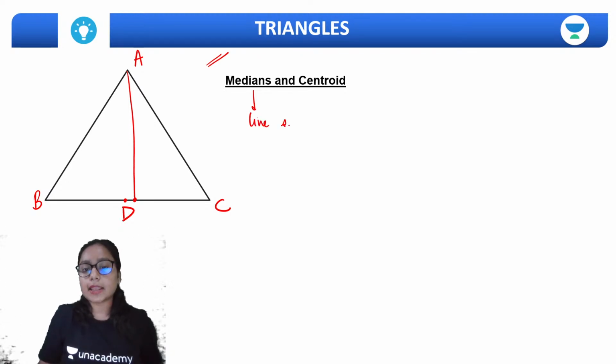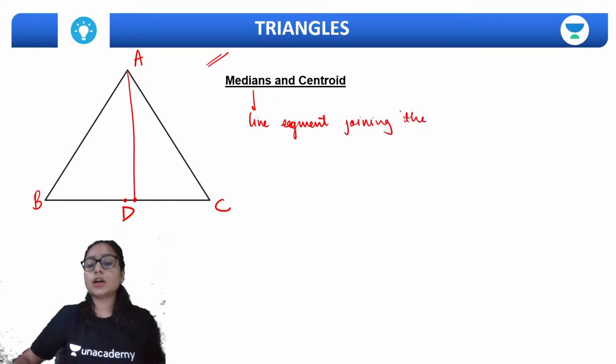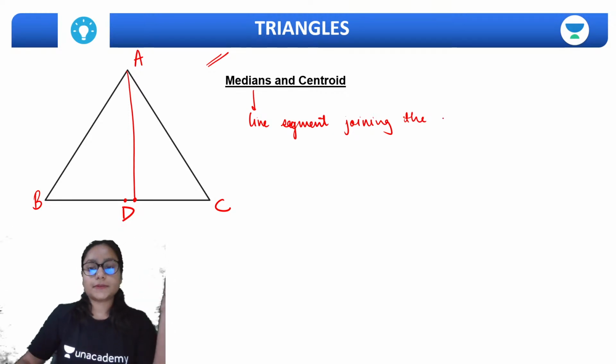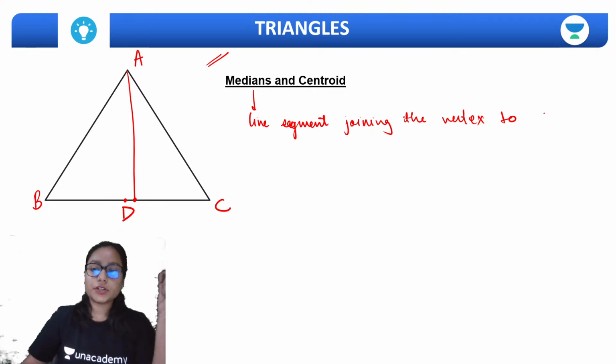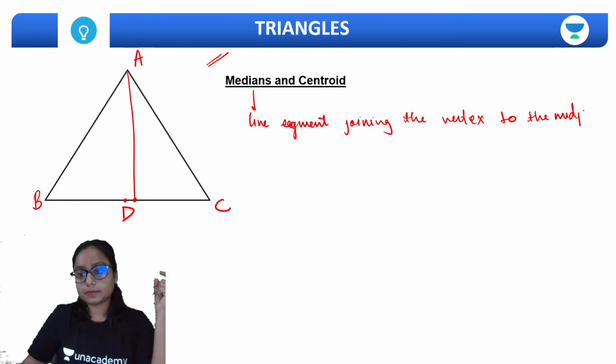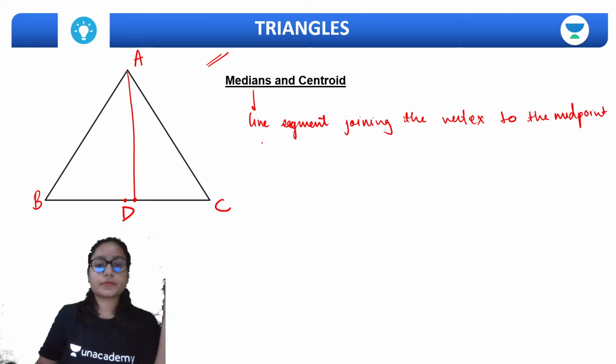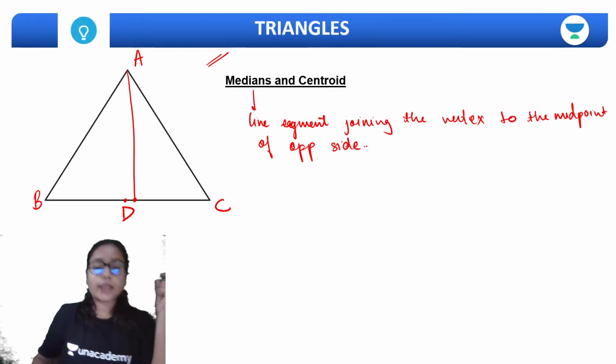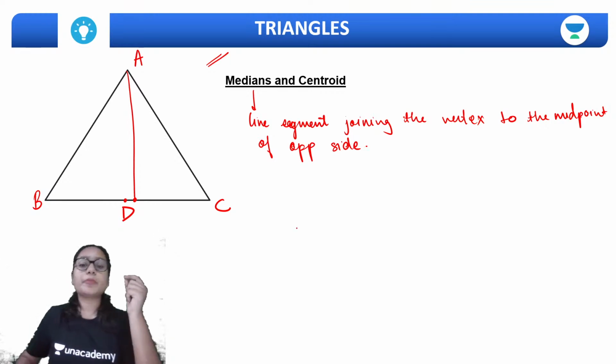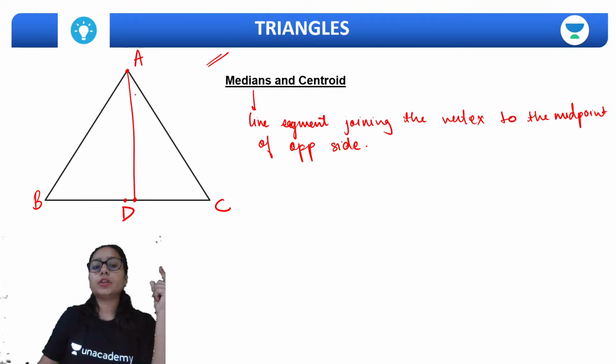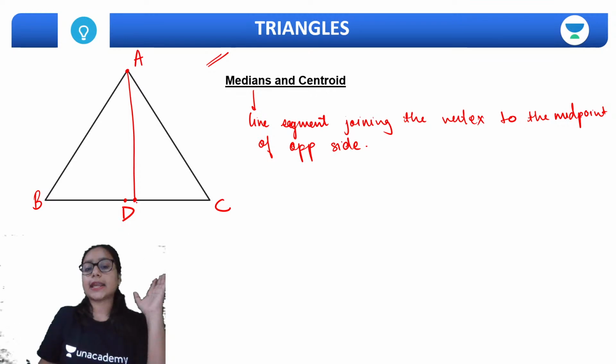A median is the line segment joining the vertex of a triangle to the midpoint of the opposite side. I hope this is clear.